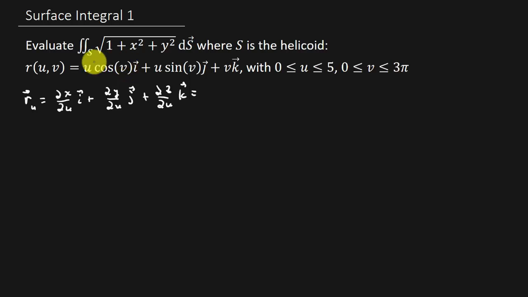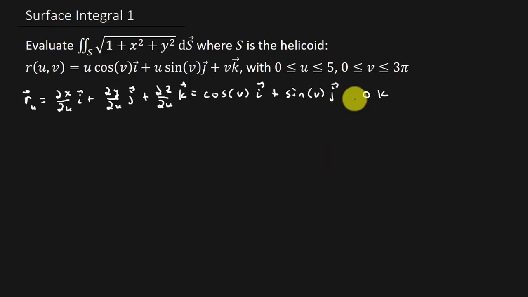So we take the partial of this with respect to u. Cosine v is constant, so it's a constant times u. So that's just going to be cosine v i plus, and then the partial of y with respect to u is sine v j plus, and then the partial of v with respect to u, well, v is just a constant, so that's 0k.